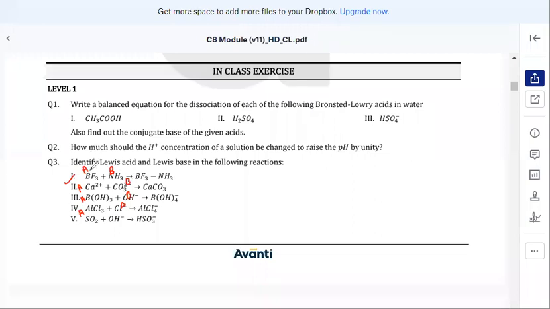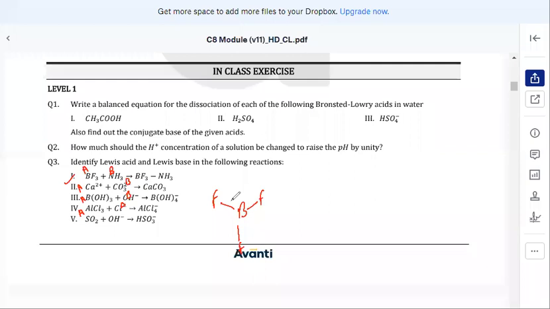See, Sneha, BF3: B has only how many electrons? Tell me. 6 electrons, right? So B is an electron deficient compound, yes or no?